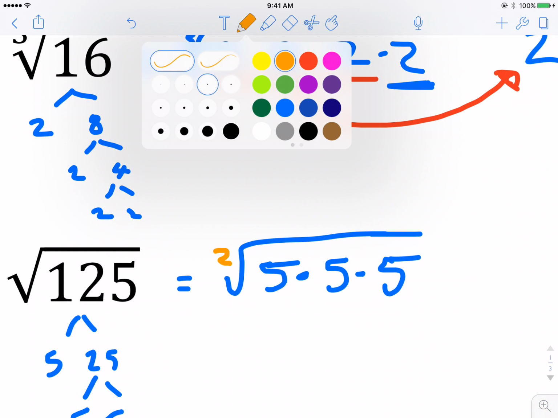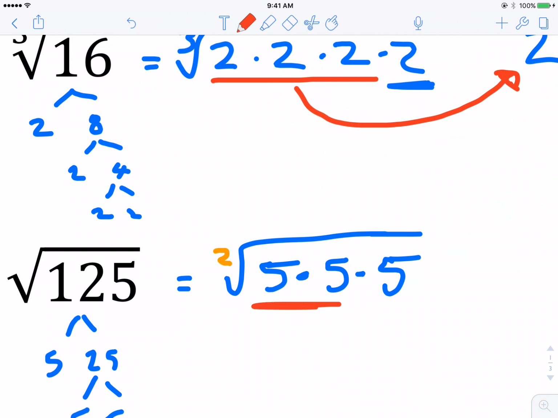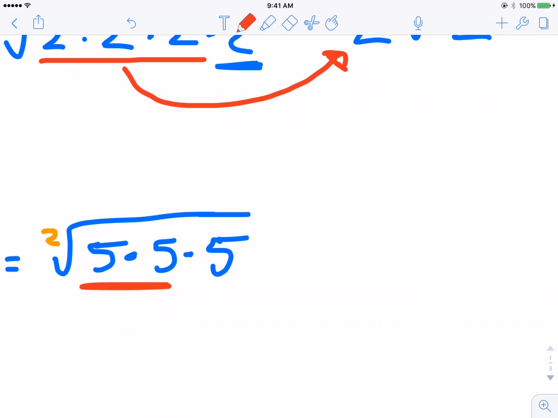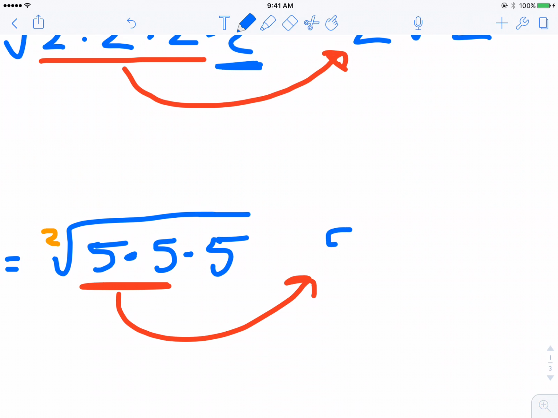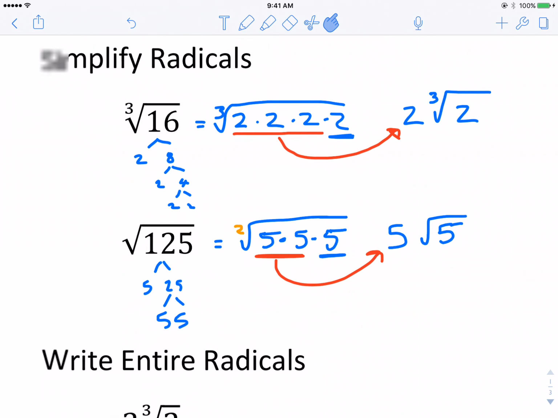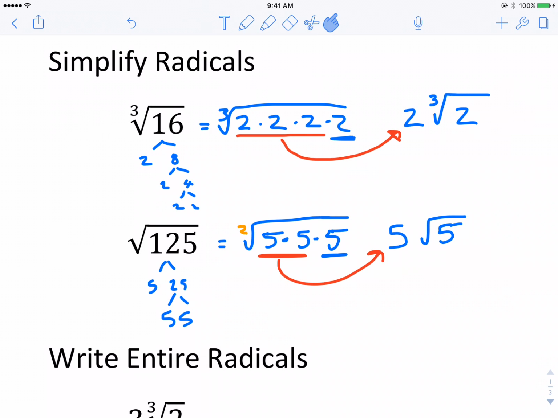So I'm looking for groups of 2. Here's my group of 2. This comes out of my radical sign as a 5. What am I left with? Just root 5. Simplifying those two radicals, writing as entire radicals.